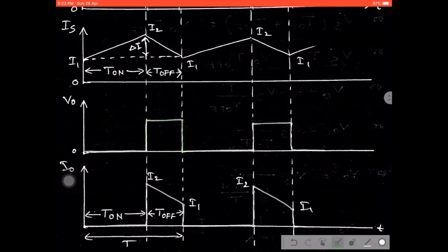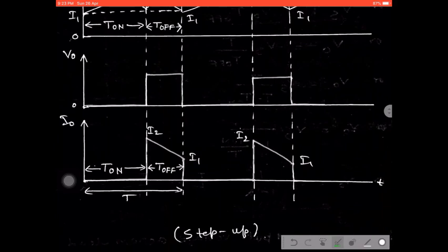Okay, got my point? So for I0, there is no output current when the switch is on, because the inductor is charging and no current is transmitted to the output side. When the switch is off and the inductor starts discharging, current starts flowing to the load.